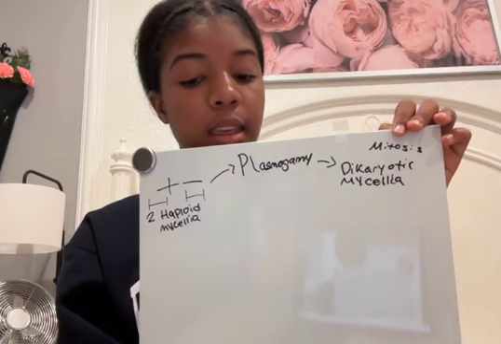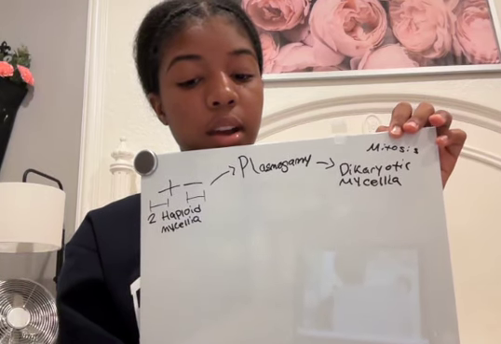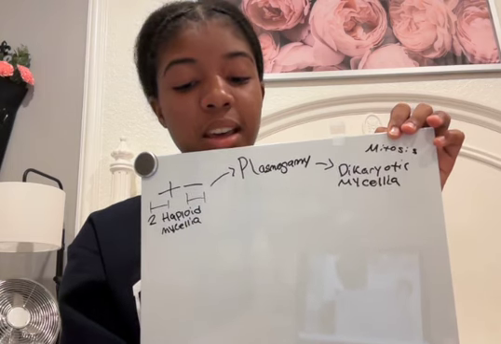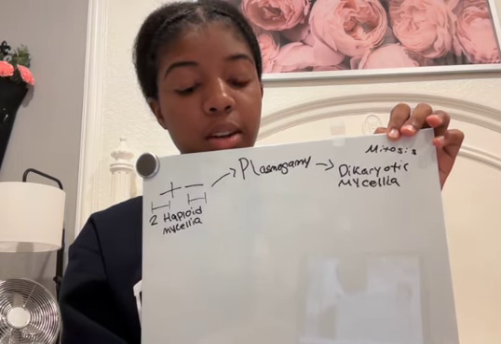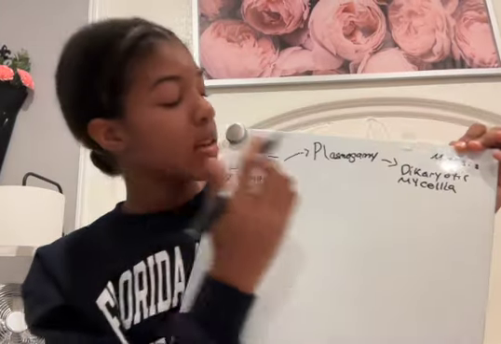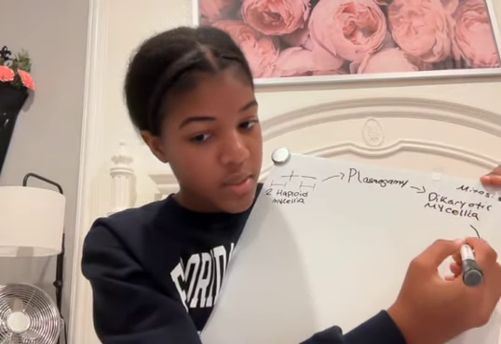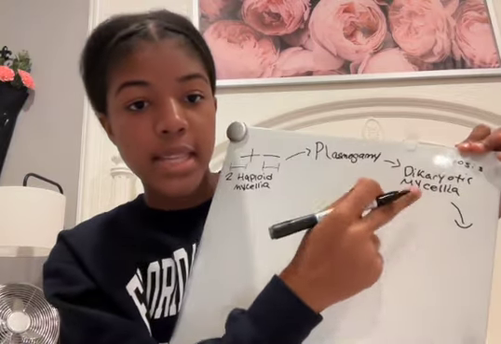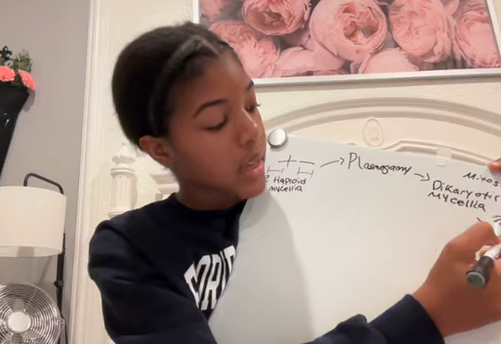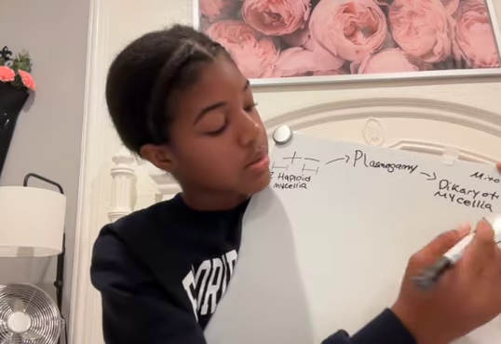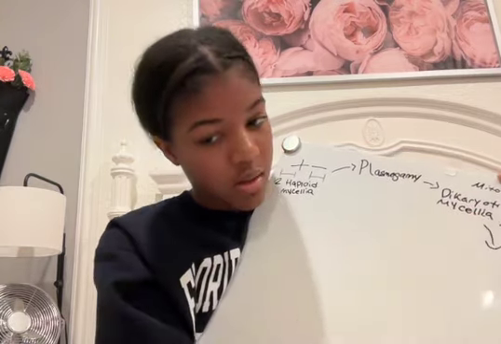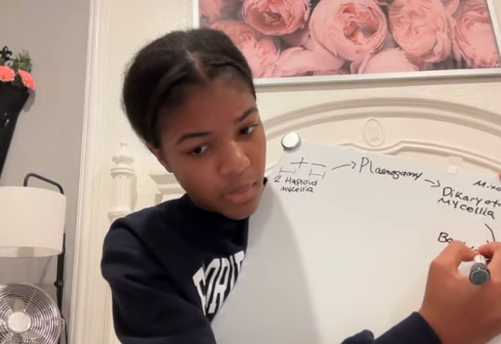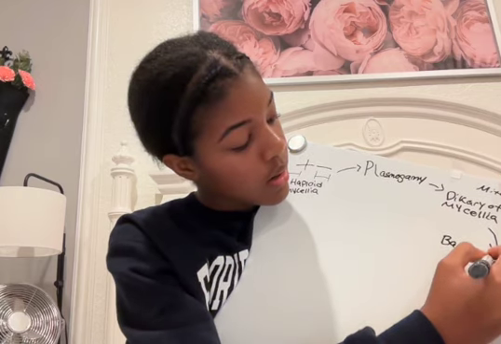And then after this, our dikaryotic mycelium develops into basidiocarps, mushrooms in this case. So we get the basidiocarp, and from here it is N plus N, which is dikaryotic. So this is our basidiocarp.